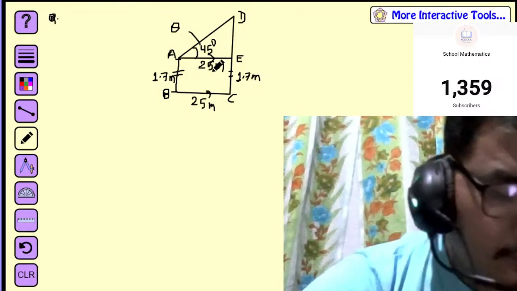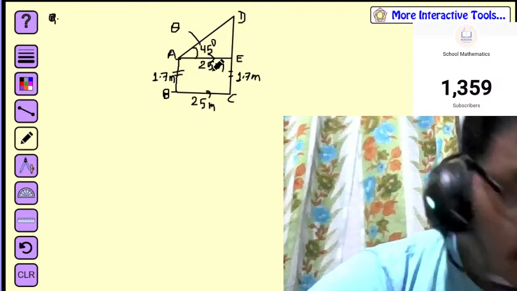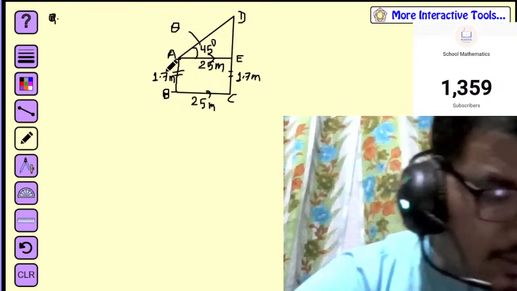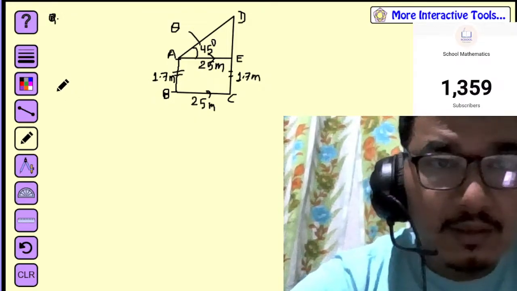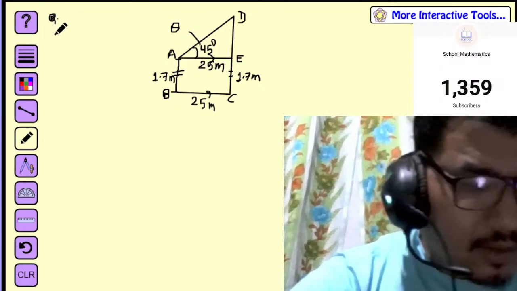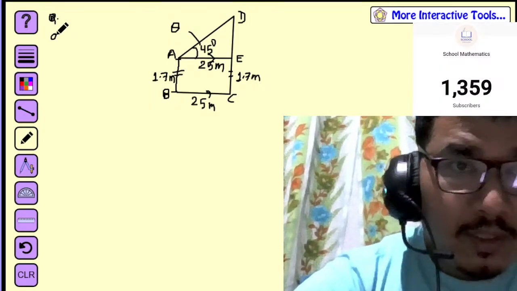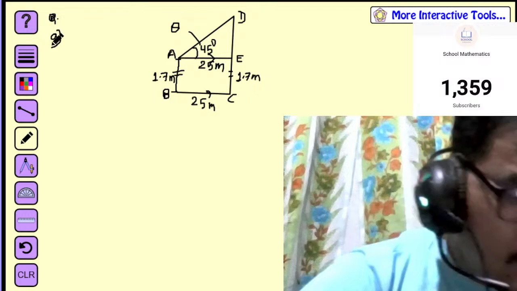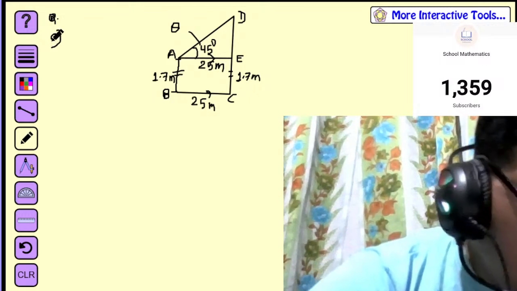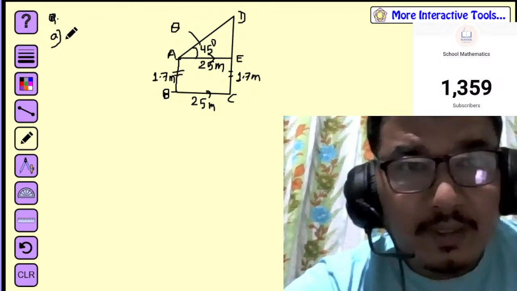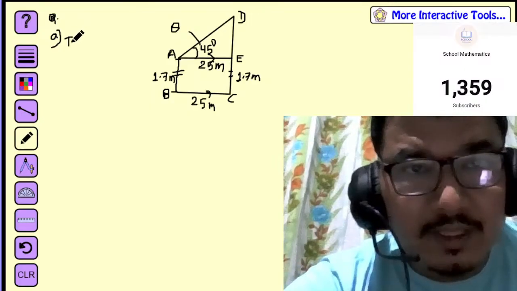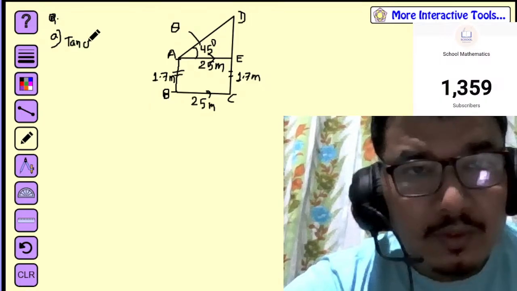And now here is theta. Now the first question, number A, asks: what does tan theta represent here? Here, in place of 45, there is tan theta, and tan theta means the ratio of perpendicular and base, right?